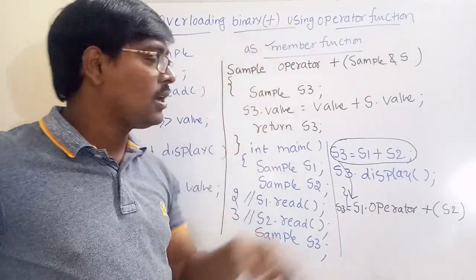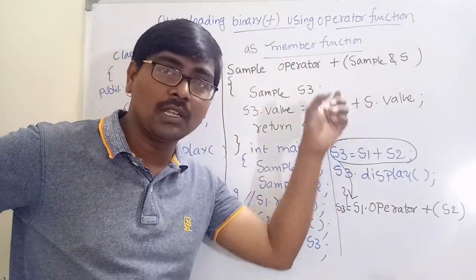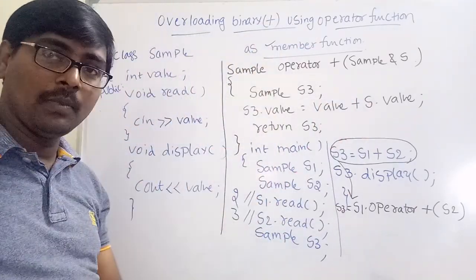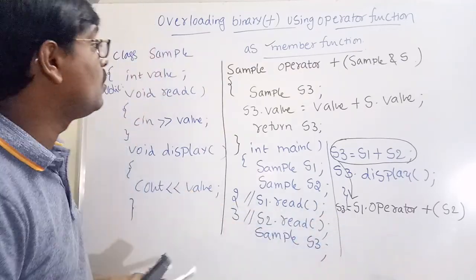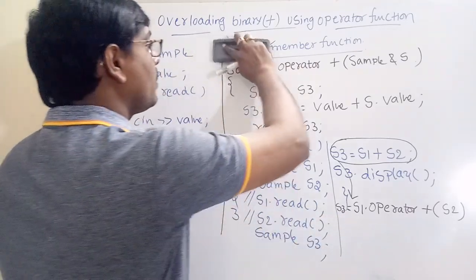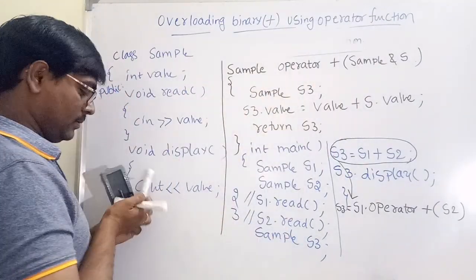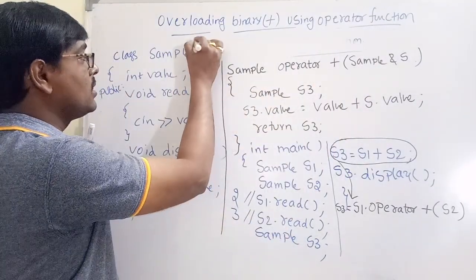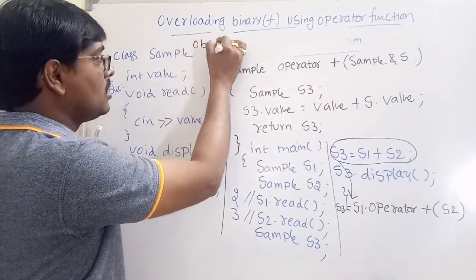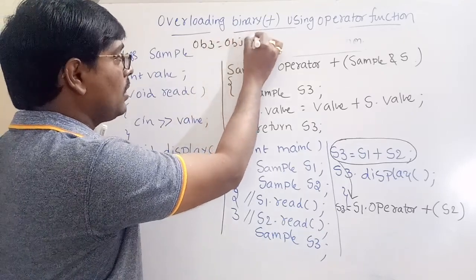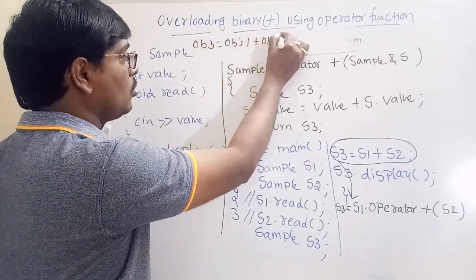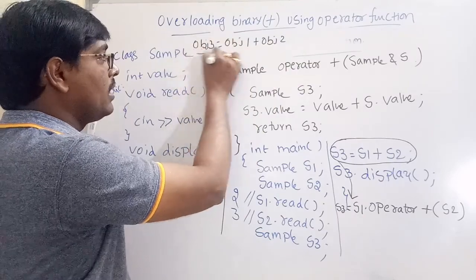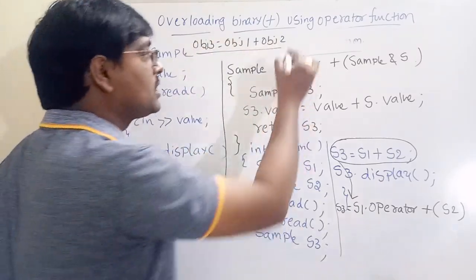Whether you use minus or multiplication, you have to remember only this point. So what is the main important point? Suppose you write object 3 is equal to object 1 plus object 2. If you write a statement, then how does the system call?